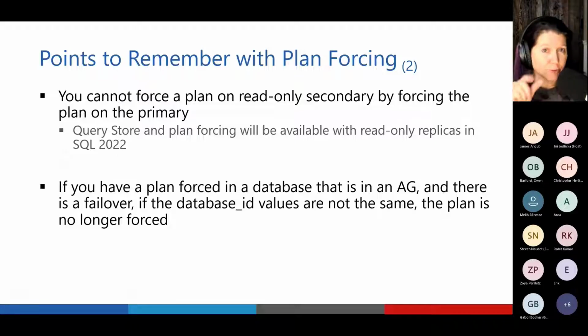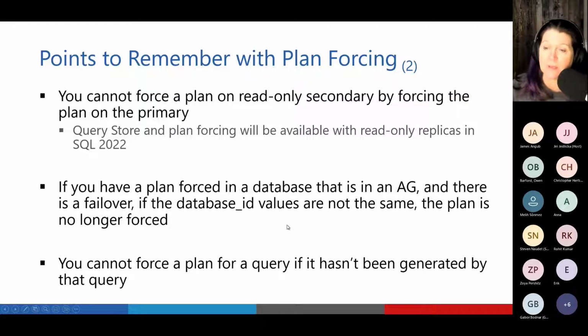It's a really interesting scenario that I've had customers run into, but it's something that you have to think about, unfortunately, when you're seeding the availability groups, to make sure that the database IDs match. But you should expect in general that when you fail over, the plan should remain forced. But if you find that it's not, then go check the database IDs.